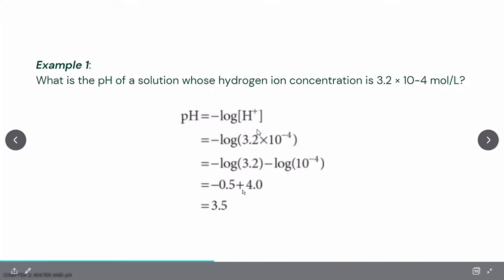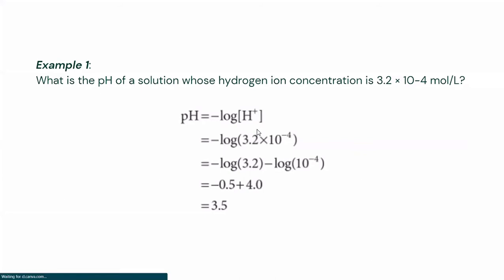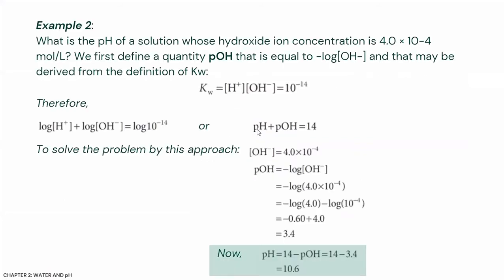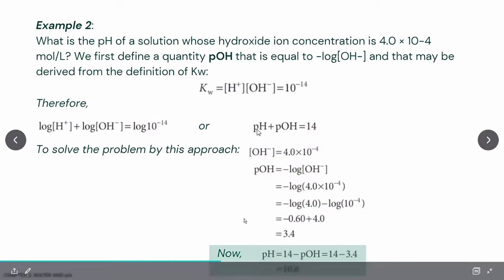So positive 4 minus 0.5 is 3.5, right? So there you are. That's how you should do it.